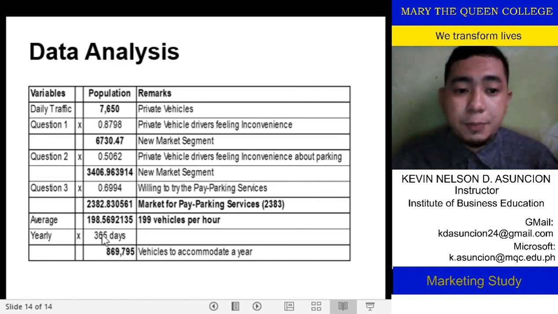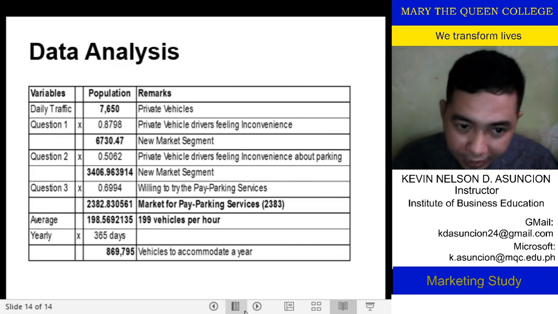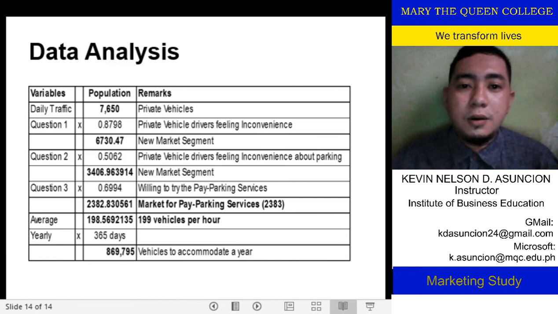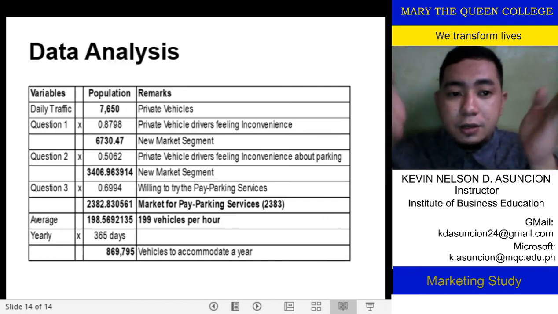So, on average per hour, looking at the average of vehicles, that's 199 vehicles per hour. Okay. So that's how you process the market segment.